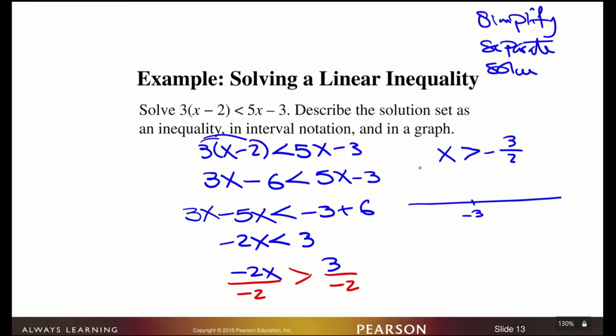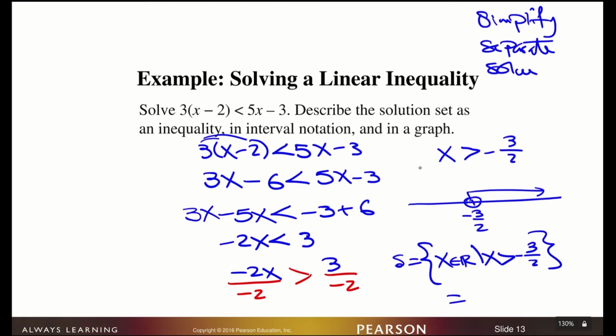Let's take a quick look at what that looks like. So here we have -3/2, greater than that. So we want an open circle, arrow to the right. That's where the numbers larger than -3/2 reside on the number line, right? So the solution set, in set builder notation, is all x belonging to R such that x is greater than -3/2.